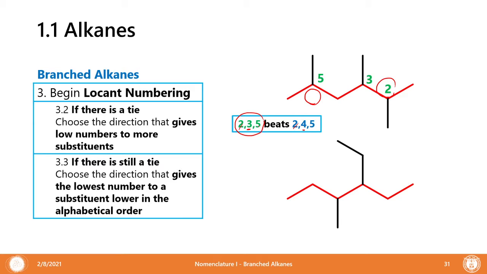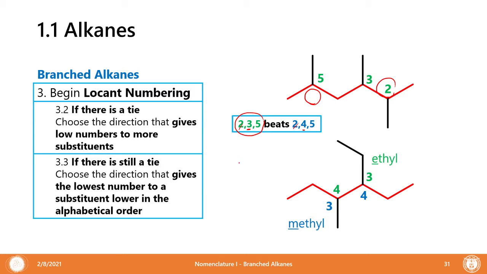But how about if there is still a tie? Take a look at this. We have two substituents, 3 and 4 on the green direction, and 3 and 4 on the blue direction. They are the same. So how are we supposed to make a decision? What we can do is look at the substituent names.